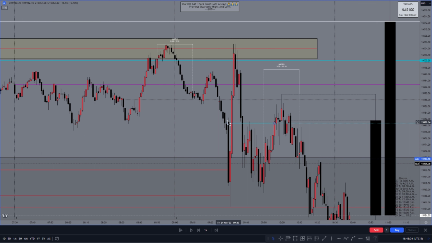Look, 9:30, 8:30, 7:30, 50% level of that range, higher time frame PD array. Everything below here is discount, and everything above this level is really in prime, expensive.